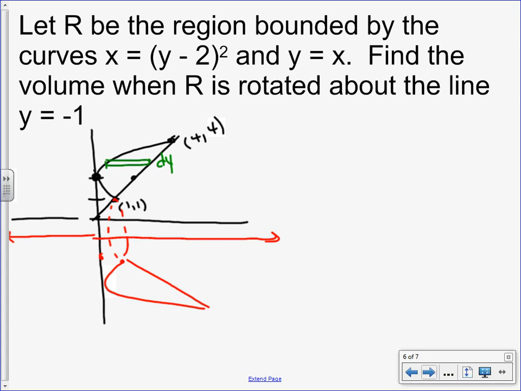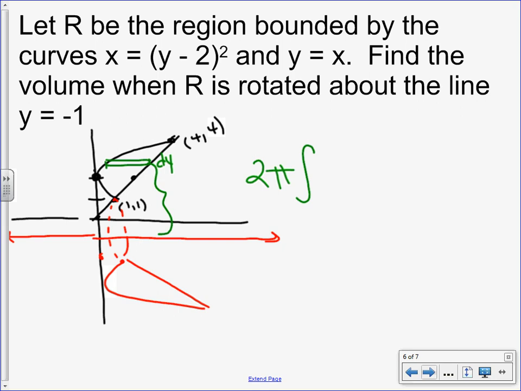So now we want 2 pi r h times the thickness. So there's 2 pi r, our radius. What you need to think of is, how far away are all of our rectangles from our axis of rotation? Y plus 1. We think of these as y away from the axis, minus our line, which is negative 1.